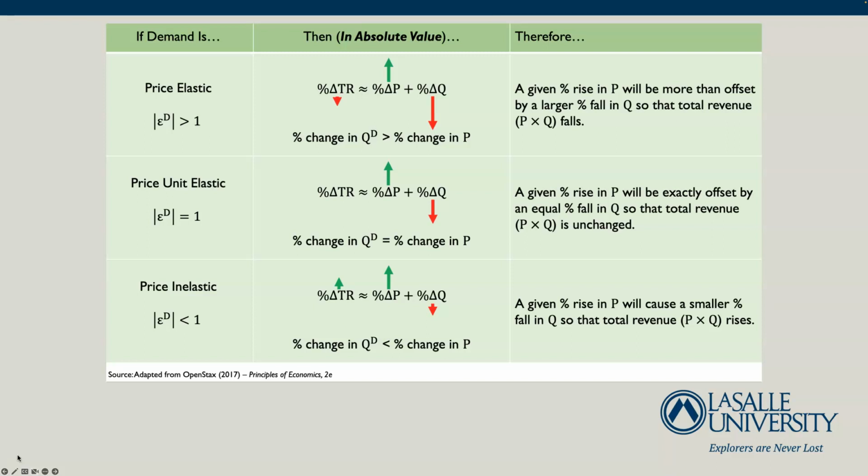They are completely balanced by one another. And lastly, if demand is price inelastic, as we just saw, that given percentage rise in P will cause a smaller percentage fall in Q, such that total revenue actually rises in this case, because now we're adding much more total revenue from the price increase than we're losing from the number of customers or units sold.